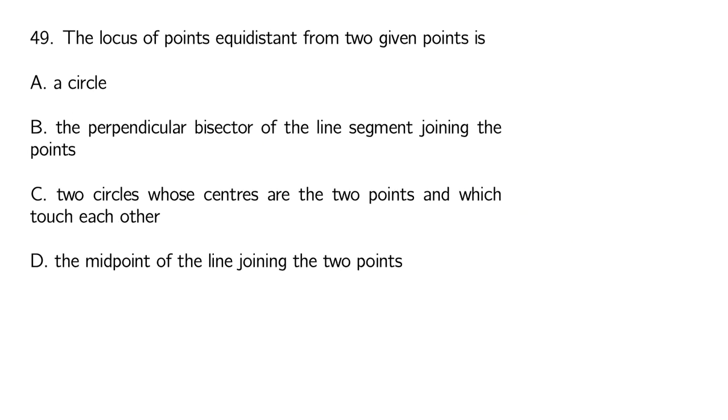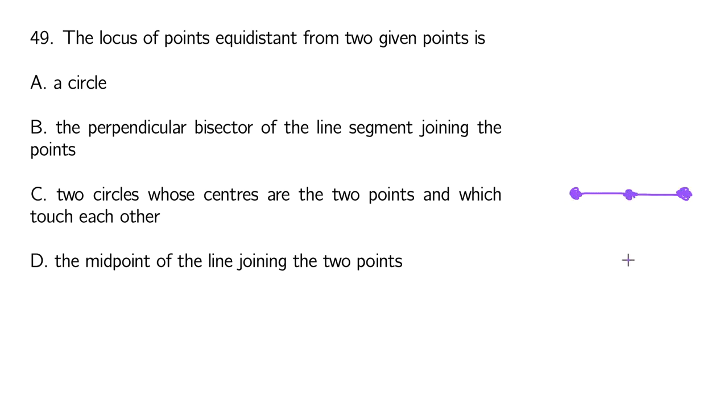The next is question 49. It says the locus of points equidistant from two given points is, we have 2 points. Let's call them this and that. And then you're looking for the locus of points that are always the same distance. So for instance, if the point is this distance from this, then its distance from here must be that.